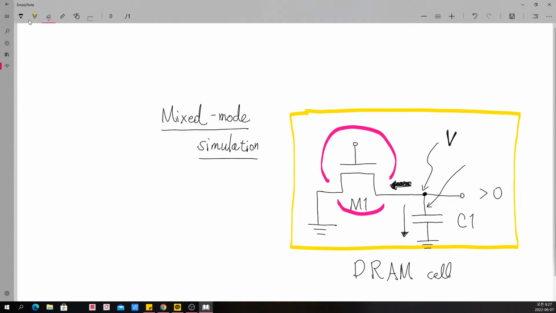Okay, then now let's think about the mixed mode simulation. So in the case of a mixed mode simulation, we assume that we can perform the single device simulation. That is done. Then how can we consider these additional circuit elements?